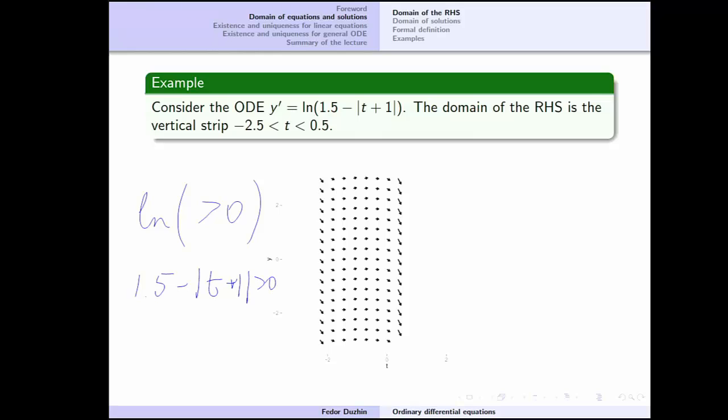So that's why the condition here is that 1.5 minus the absolute value of t plus 1 must be positive, or we can rewrite it as the absolute value of t plus 1 is less than 1.5, which means that t plus 1 is less than 1.5 and bigger than minus 1.5.